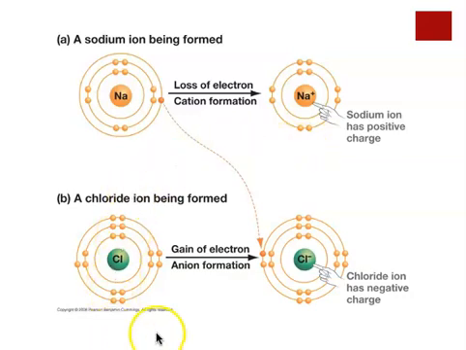Down at the bottom, we see a chloride ion being formed. Here's the atomic nucleus. Here are the shells surrounding it. You can see that in the valence shell, there are actually 1, 2, 3 pairs in orbitals, but then there's 1 unpaired electron right here.